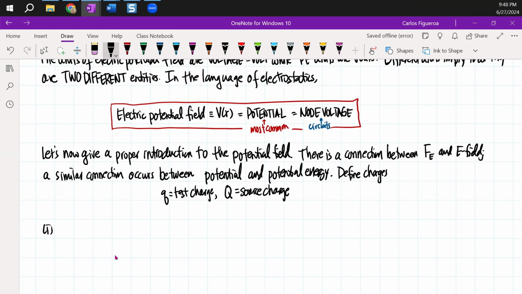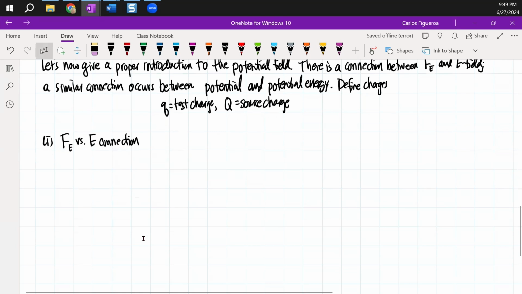So when I look at the connection between the electric force versus the electric field, what do we see here? Well, the electric force looks like this.